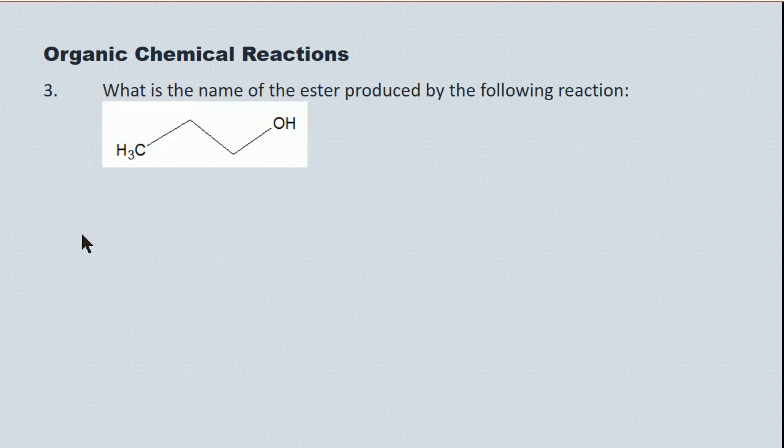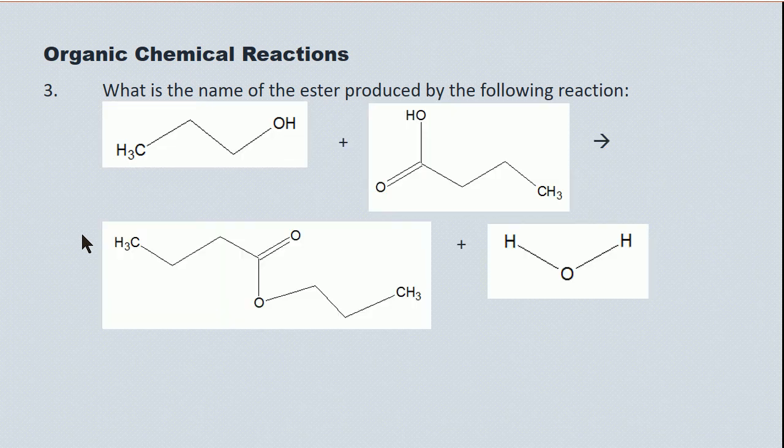What is the name of the ester produced by the following reaction? Okay. So you see there's an alcohol here with 1, 2, 3 carbons. So this is propan-1-ol. Reacting with 1, 2, 3, 4, reacting with butanoic acid. Water is eliminated, and an ester linkage is formed. So here's our ester.